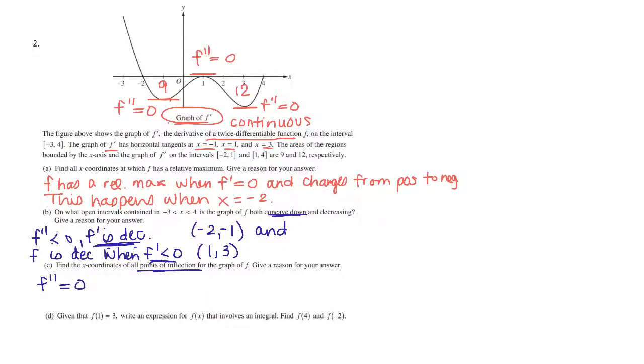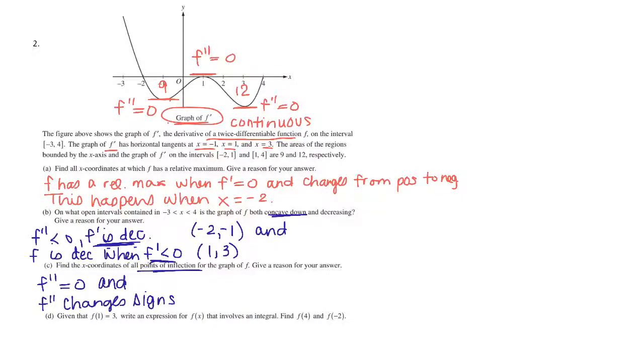Hey, I know that, right? I highlighted that on my graph. F double prime is equal to 0, and something else has to occur. We have to make sure we change directions here. We have to make sure we have a sign change, so f double prime changes signs. We have to ensure all of that happens.